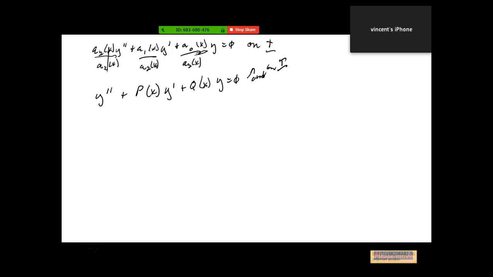Okay. Let's suppose even further that y1 is a known solution of that equation. We're going to call this equation 3 now.